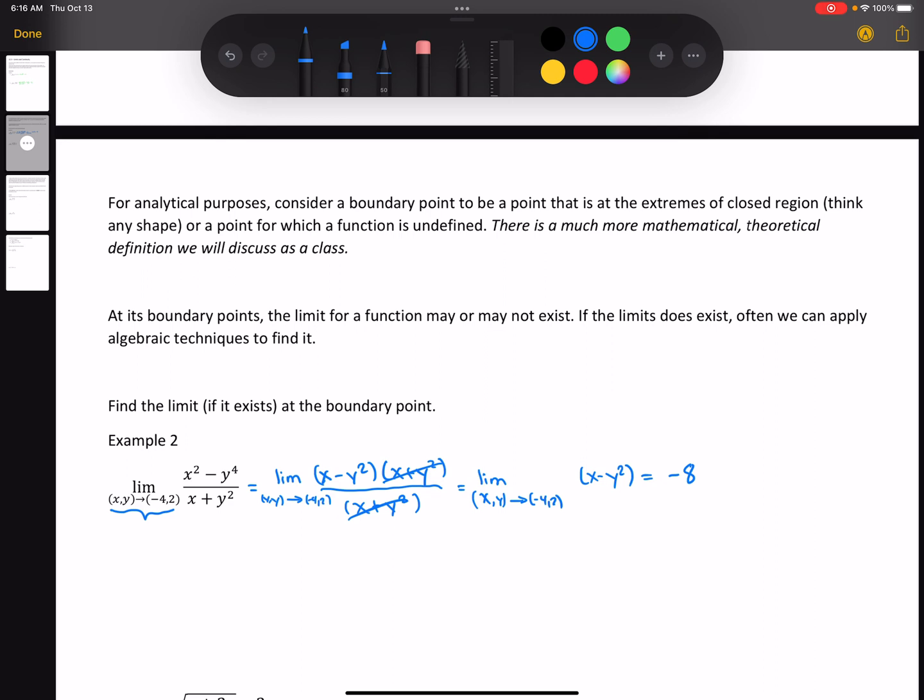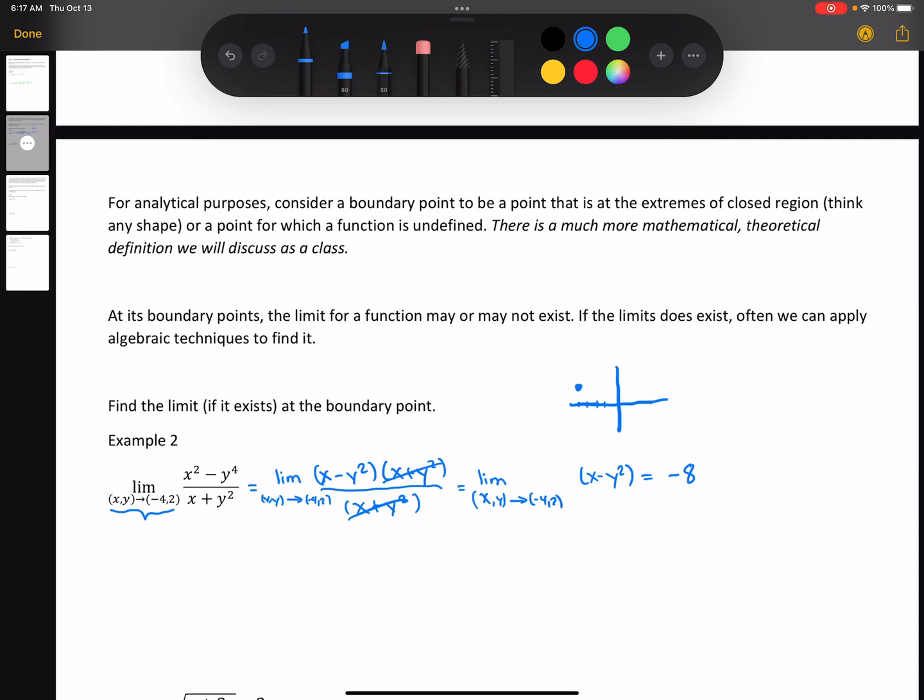And so the limit when we approach in any direction. And so again, like in R2, we're going to just imagine that we're on the level curve for this function. So the point (-4, 2) is over here. We're in R2, so we're just in the XY plane.